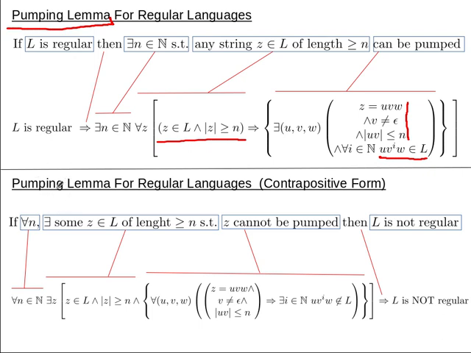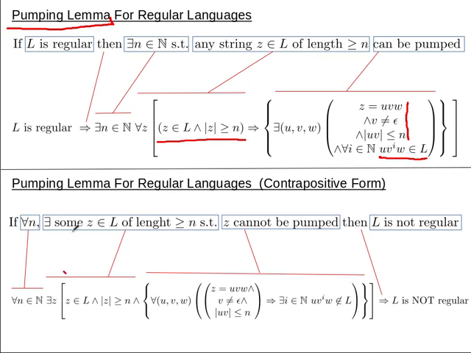So if the language is not regular, then no matter what n you pick, you cannot make this happen. So for all n, the later part should fail, and that will mean that L is not regular.